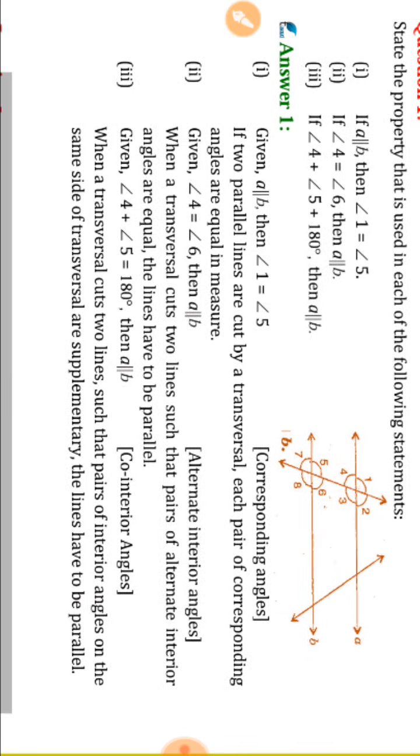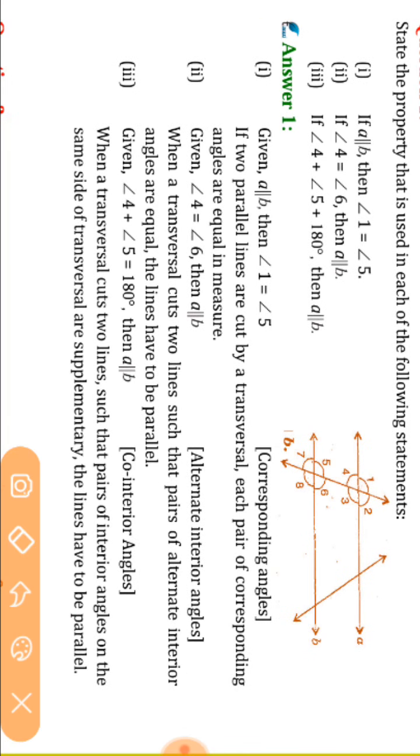Then the second one, if a is parallel to b, angle 4 here, 4 and 6, see. Then if this is the case, which shape is it here, the two lines stand. So it shapes as a Z. So Z stands for alternate interior angles. Exterior means opposite.